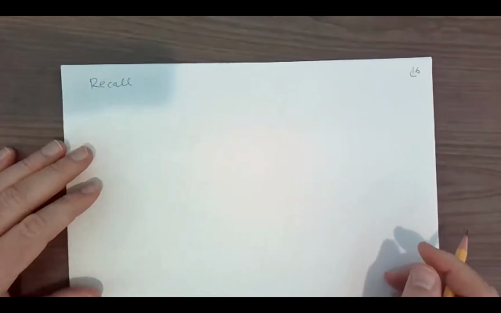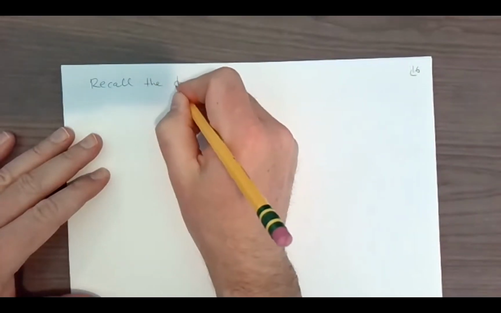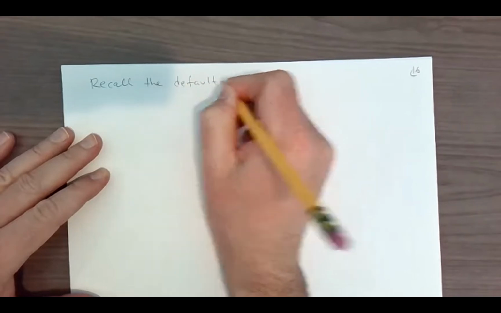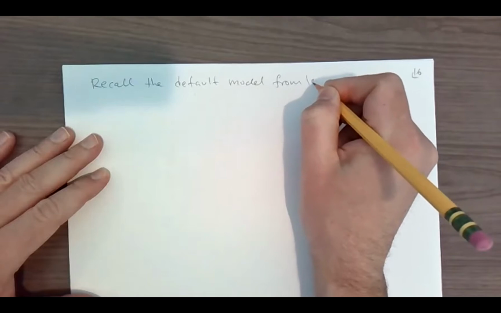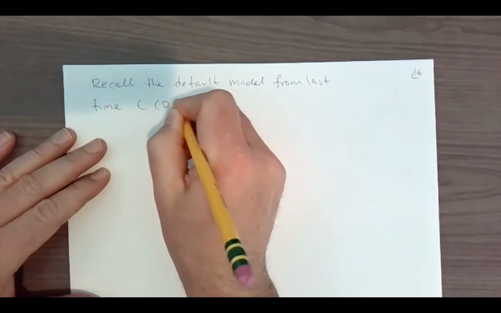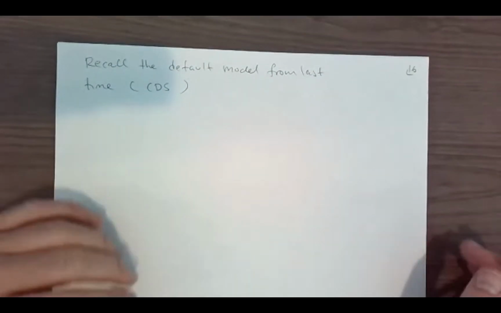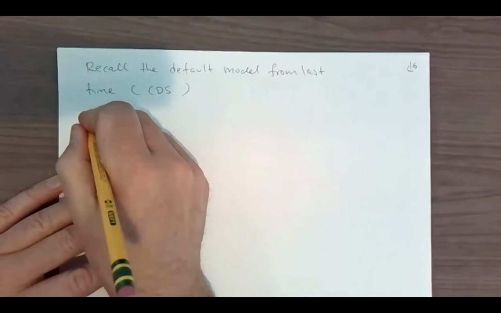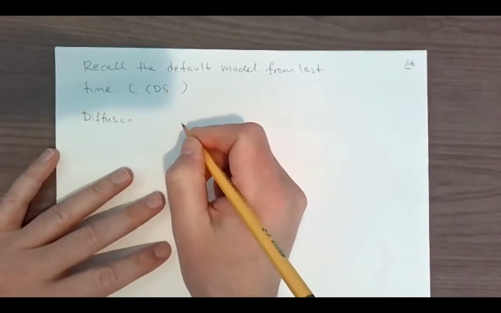Let's recall the default model from last time. This is when we did the CDS contract. So you say you have a diffusion. We call it Y, I think.